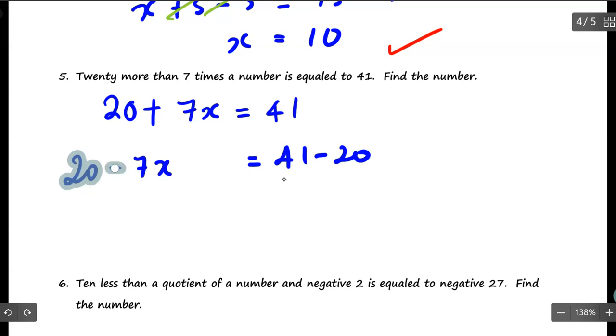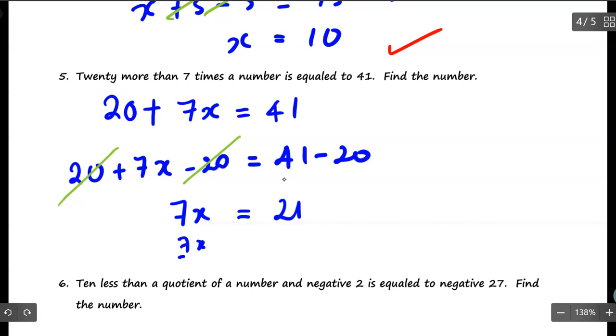So we have plus 7x, here's 20, that means I subtract the 20 here, and that gets canceled, so I have 7x equal to 21.